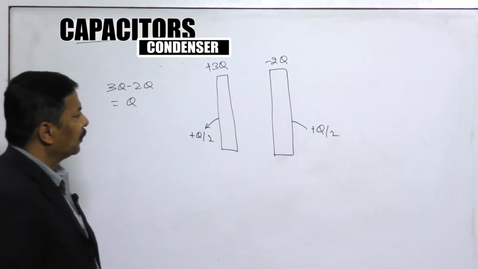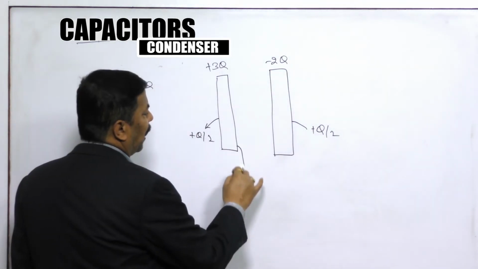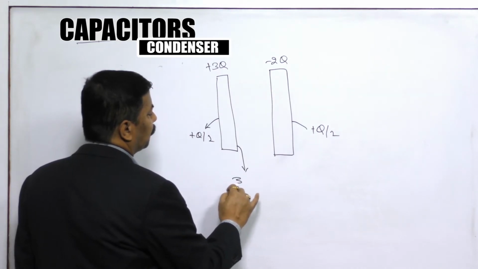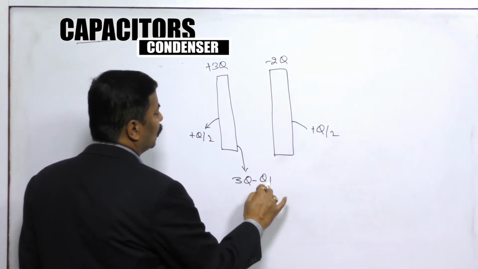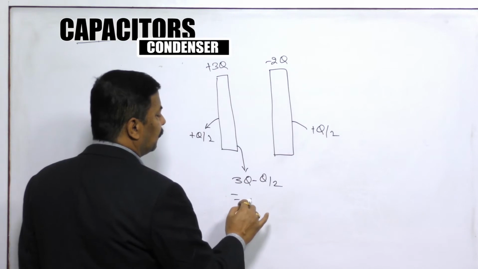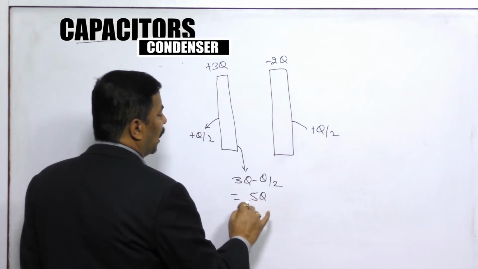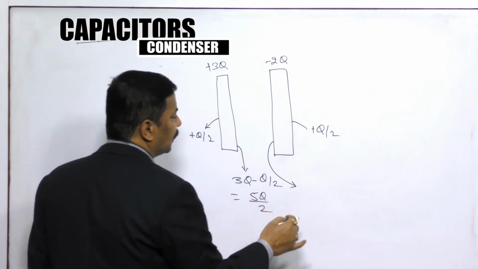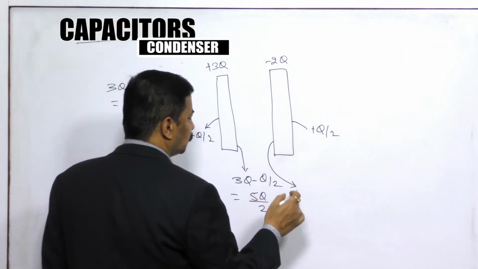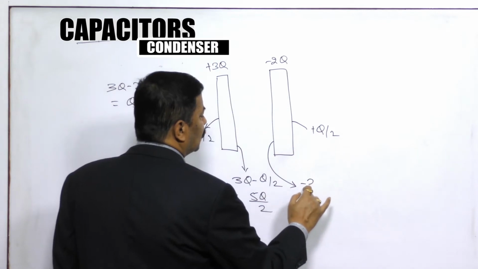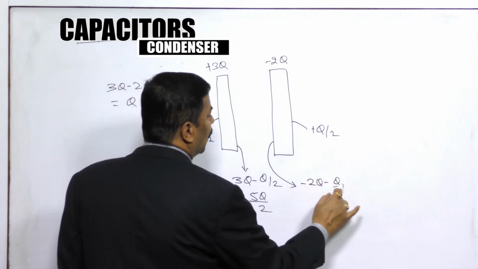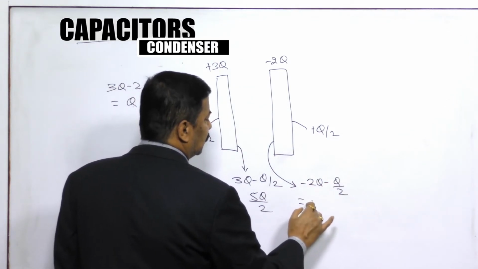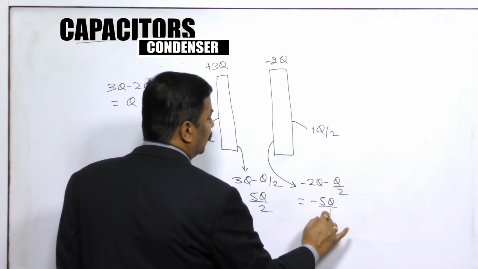Now you see, on this surface if you find the charge, it will be 3q minus q by 2, that is 5q by 2. And if you observe the charge on this surface, you will get minus 2q minus q by 2, that is minus 5q by 2.